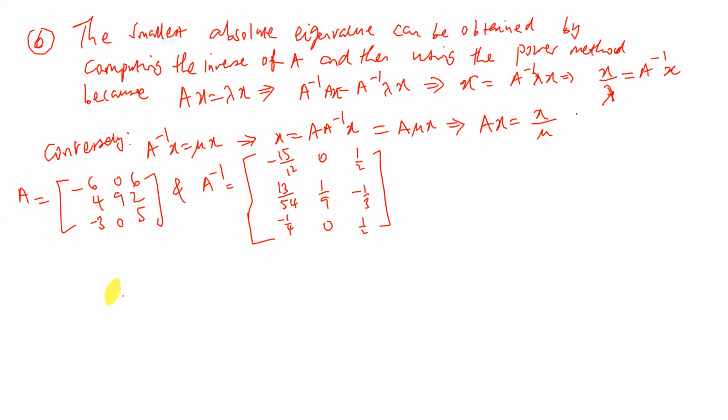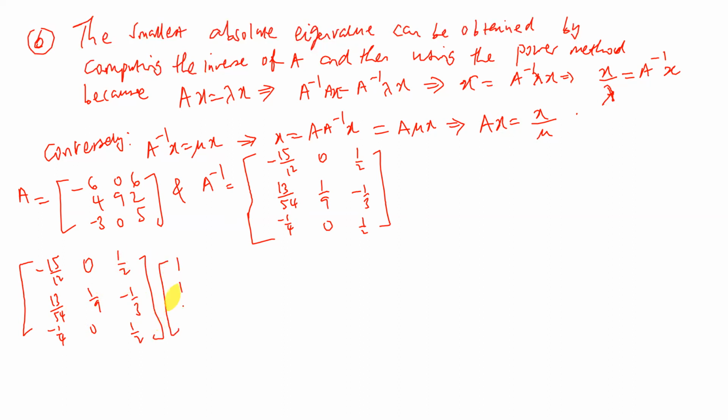So we're going to have minus 15 out of 12, 13 out of 54, 1 out of 4; 0, 1 out of 9, 0; 1 out of 2, minus 1 out of 3, 1 out of 2.